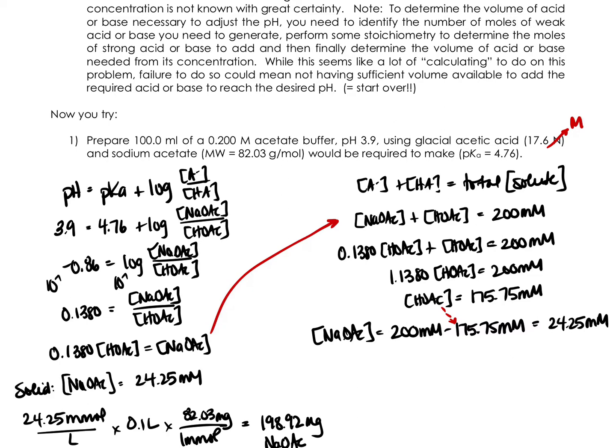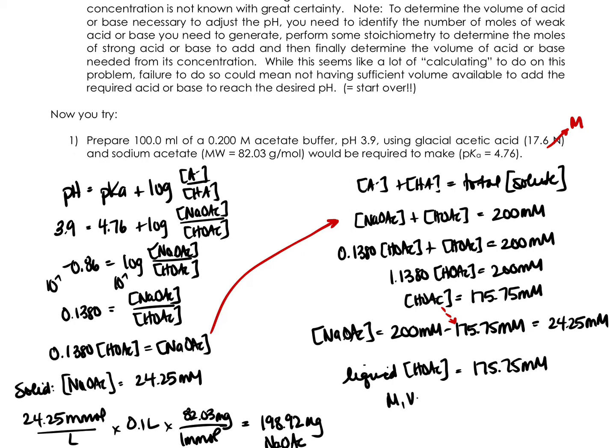And then for our liquid, which we are going to be diluting, we're going to have acetic acid. That concentration again is going to be 175.75 millimolar.